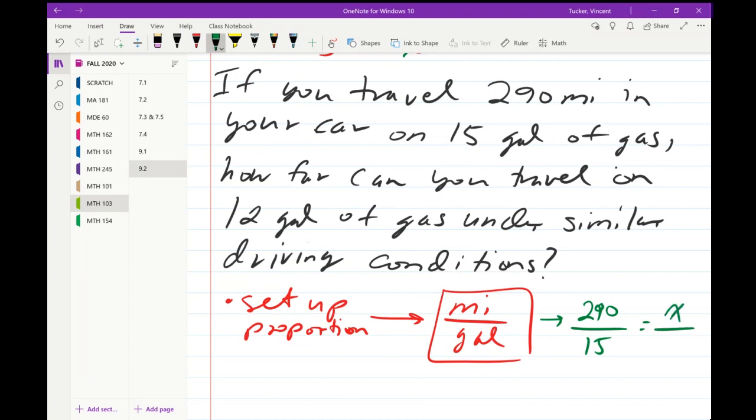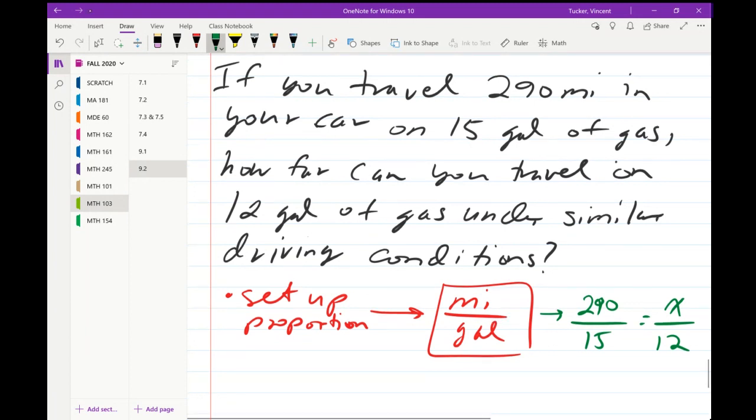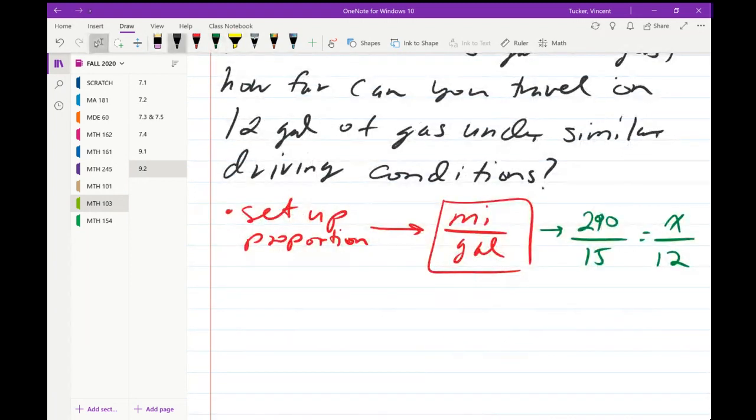My mileage is x over 12 gallons of gas. All right. So we have 290 over 15 equal to x over 12.